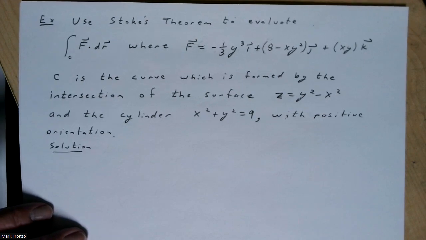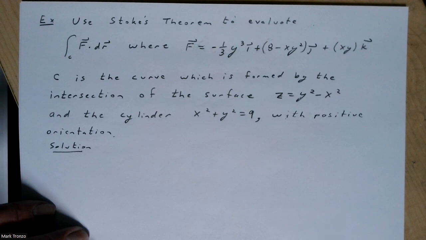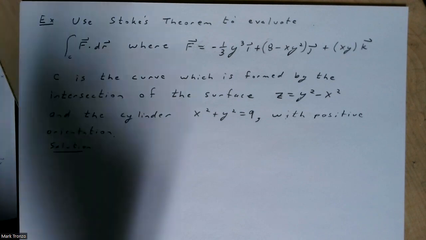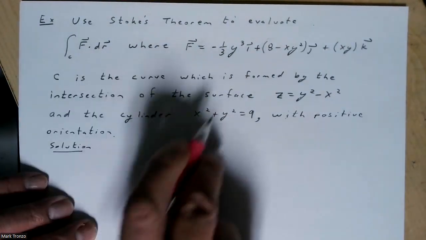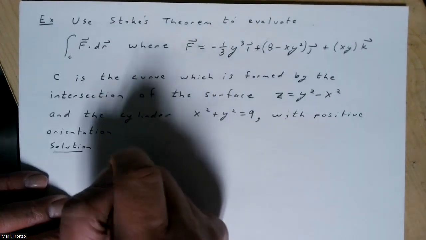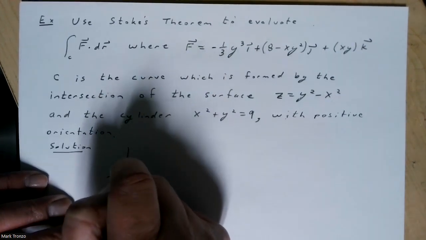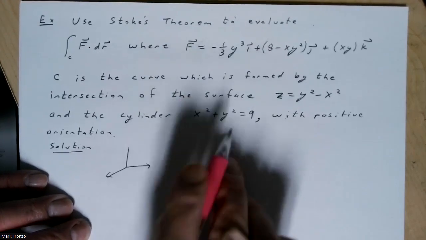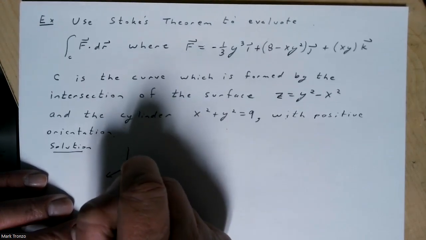So once again, keep in mind Stokes' theorem. I won't write it down again, but I'll write it down at the end. But remember, we're going to end up needing the curl. And also, again, we have this intersection. We really don't need to know exactly what this surface looks like, but remember, this here is a cylinder of radius 3.